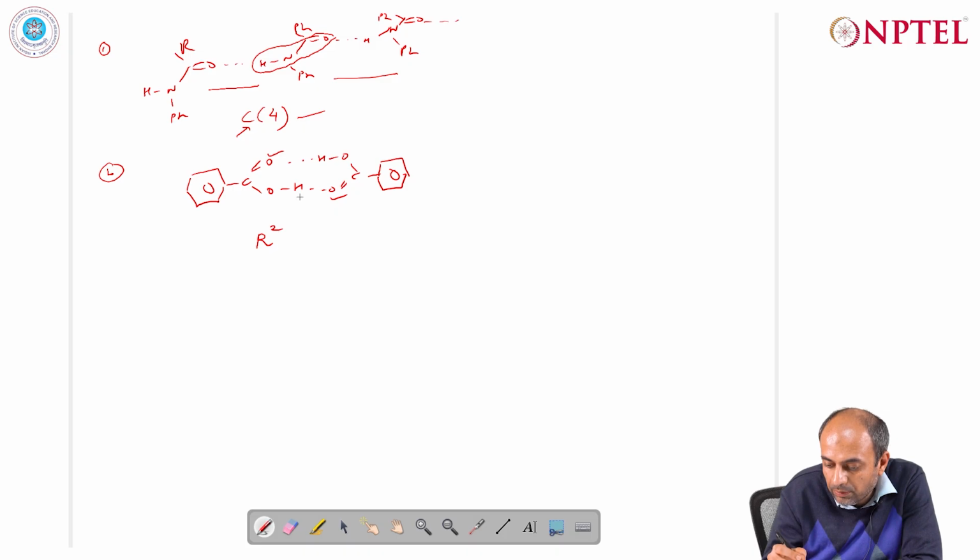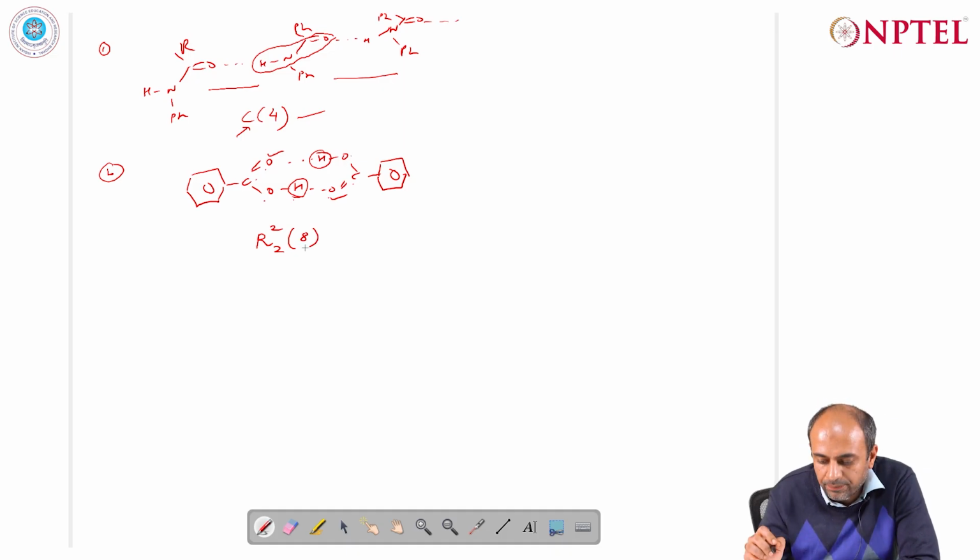D represents the number of donor atoms, there are 2 donor atoms, and the number of atoms in the motif or the graph set descriptor is 1, 2, 3, 4, 5, 6, 7, 8. So R 2 2 (8). So the cyclic motif, the dimeric centrosymmetric motif, is represented by R 2 2 (8).